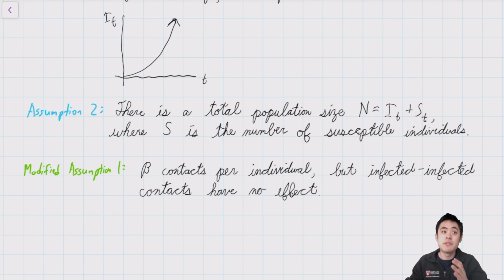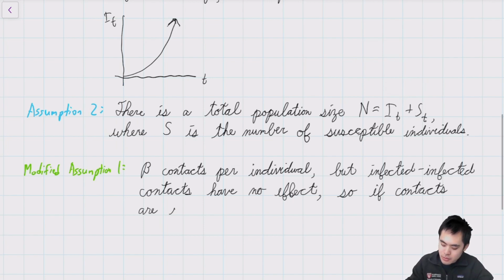And so if infected contacts have no effect, so if the contacts are random, then we have some probability of getting a susceptible individual.